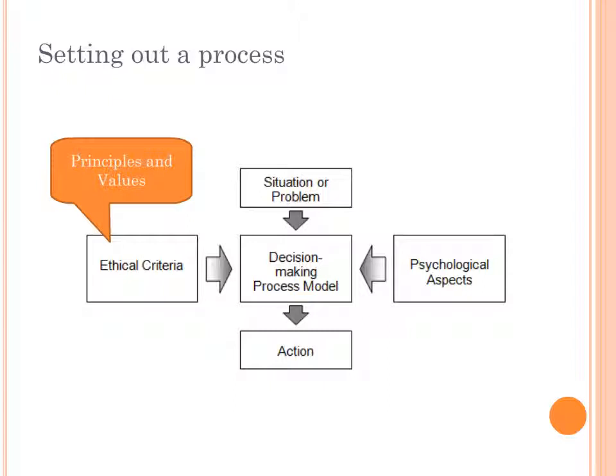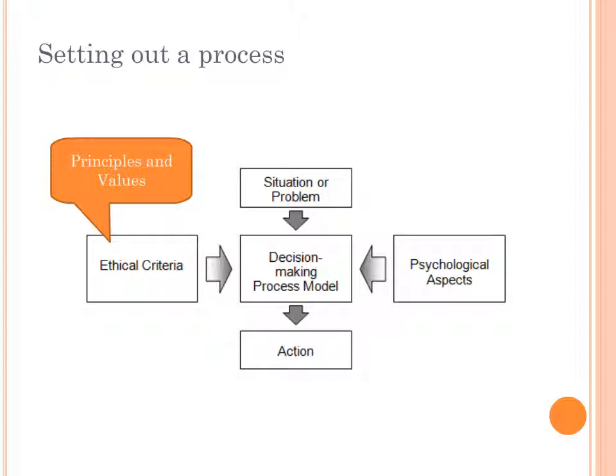So we need to identify ethical criteria separately, by which we mean the general principles we use in coming to decisions, and what values we hold to. We also need to consider the psychological aspects.